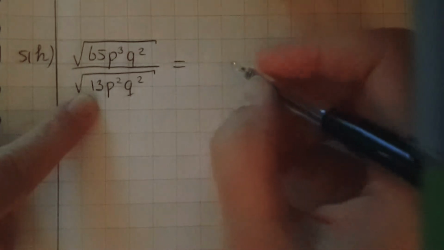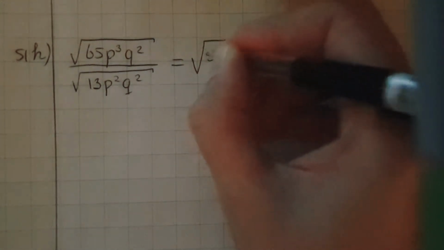Also in this exercise, write as 1 square root. So square root 65 p to the power of 3 q to the power of 2 divided by square root 13 p to the power of 2 q to the power of 2. First of all, 65 divided by 13. And that is 5. So this is 5.